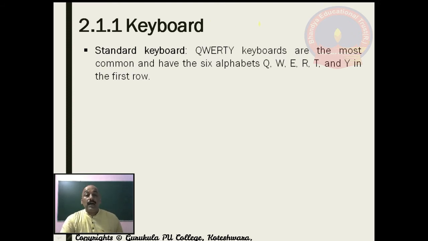Standard keyboards are mostly in the QWERTY format. So that means on the topmost line in the keyboard structure, the first key will be Q and then W, E, R, T, Y, and this is the way it goes, then U, I, O, P. Similarly, the second line has A, S, D, F, G, H, J, K, L. The typewriter keys are organized in this way, so the name itself comes as QWERTY keyboard.